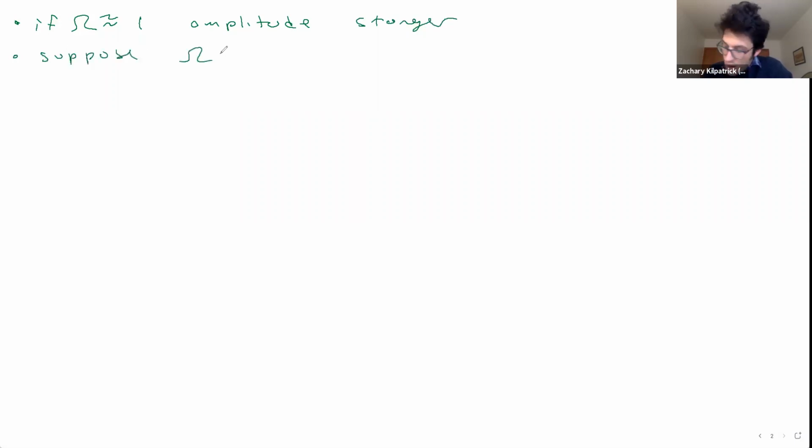So then if omega is approximately equal to 1, the amplitude is stronger. And of course, this suggests looking at a perturbative problem where omega is approximately equal to 1 plus epsilon omega, just like in our own problem.